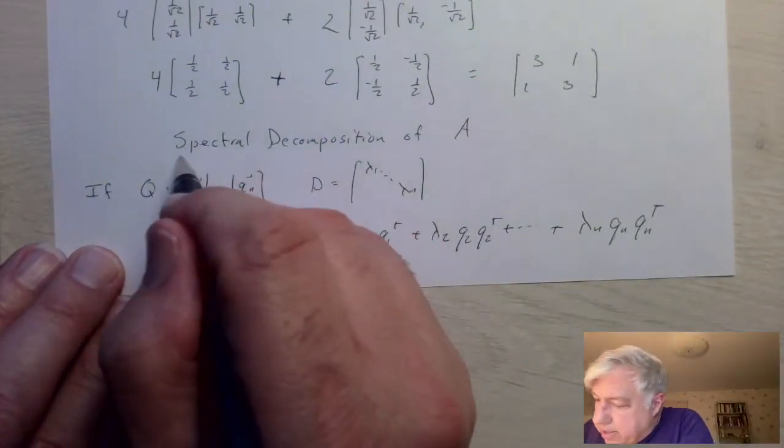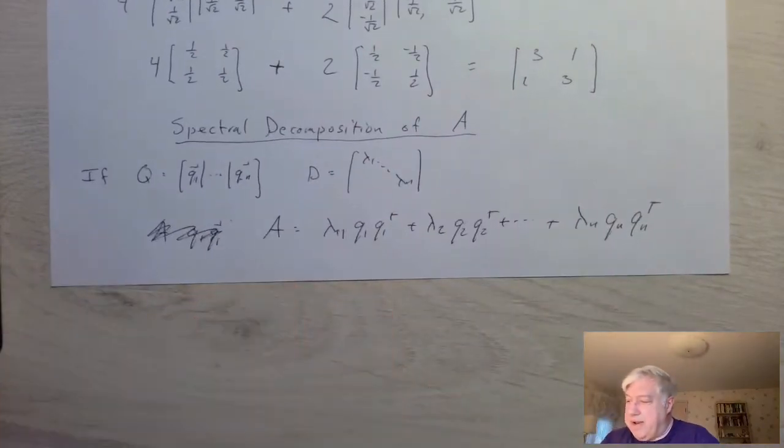Okay. So that's the spectral decomposition of A.